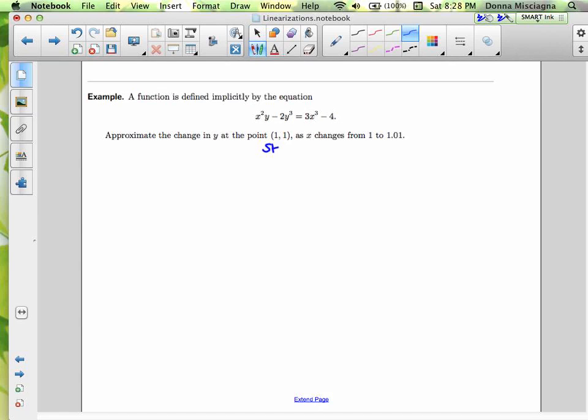This is our starting point. This will give us our change in x, right? So the change in x is going to be 1.01 minus 1, or 0.01, which is the same as 1/100th. It'll probably be easier to keep it as 1/100th.